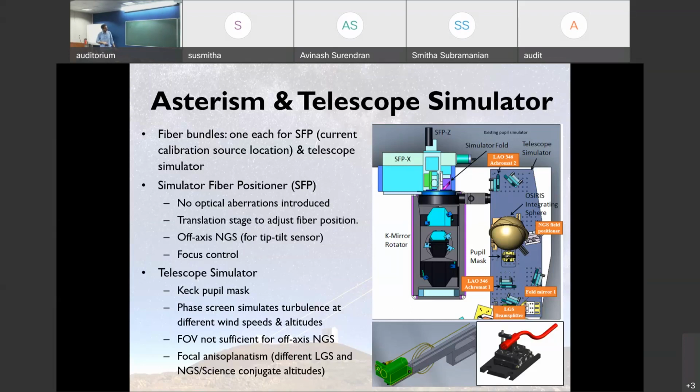So in addition to that, what we have to simulate is the finite height of the laser guide star also. In the previous telescope simulator, there was one light source at a conjugate altitude equivalent to infinity. But in this case, we are putting 4 LGS sources at 90 kilometer elevation, plus a natural guide star at infinity.